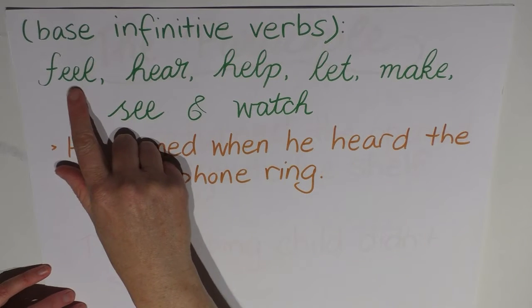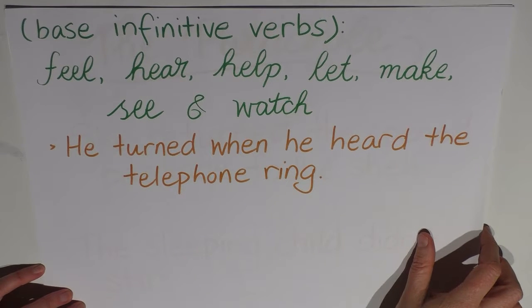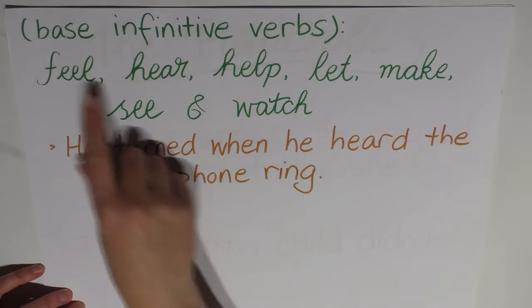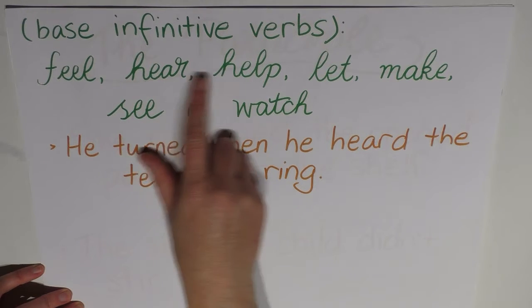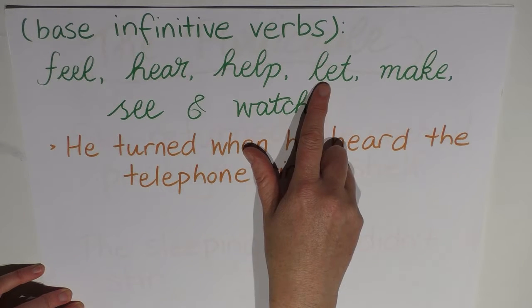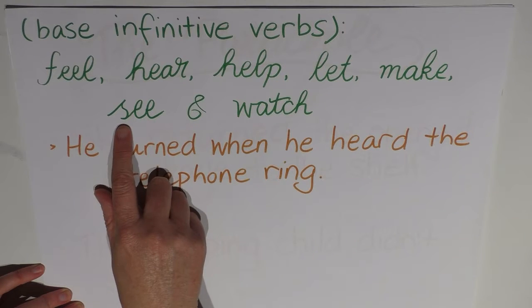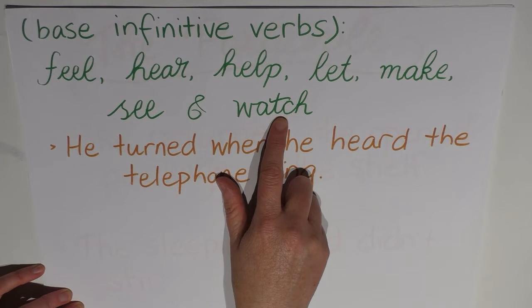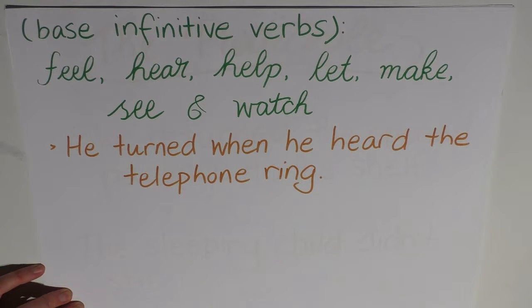So examples of verbs that would be followed by a base infinitive form of the verb would be words like feel, hear, help, let, make, see, and watch. And of course this isn't a definitive list, but it certainly gives you a good indication of the kind of verbs that are followed by a base infinitive.